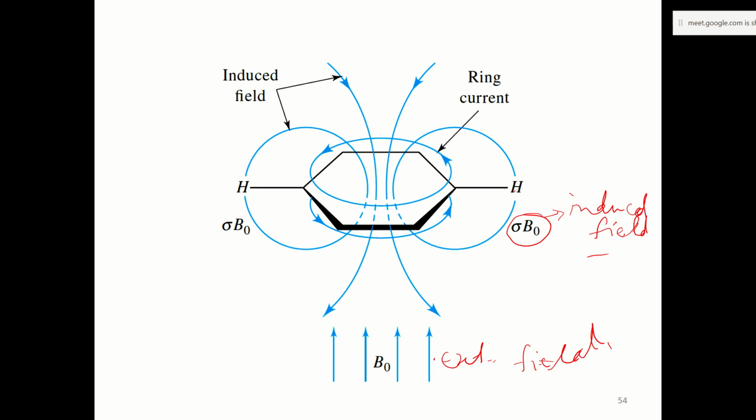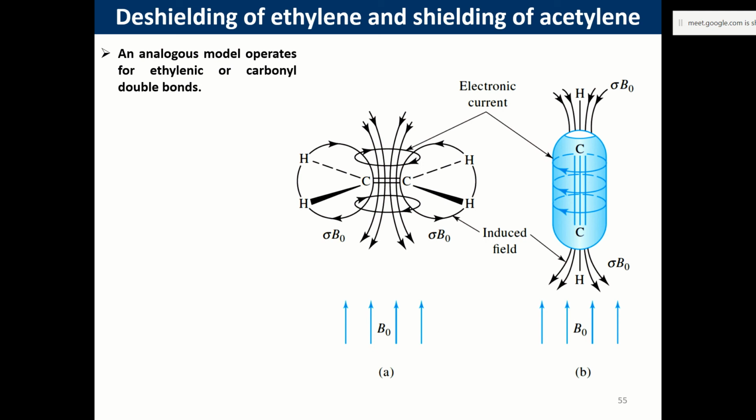Anything above the ring will experience a net reduction. So if you want to bring it into resonance, you will have to apply a greater amount of external field. And for the hydrogen atoms, the protons in the plane of the ring, they will come into resonance at a lower applied field, a lower value of external field.